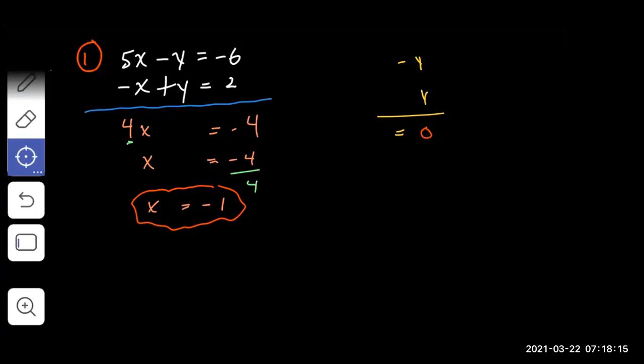Then, once I got this, what will be the second step? If I have the value for x, how can I know the value for y?